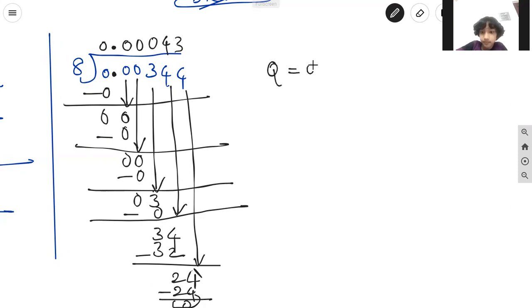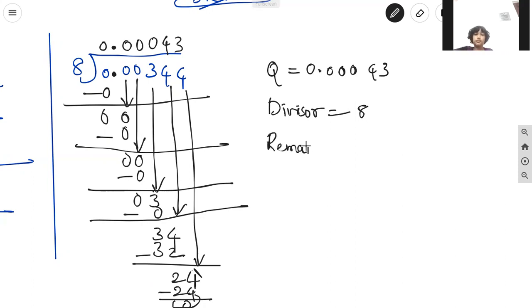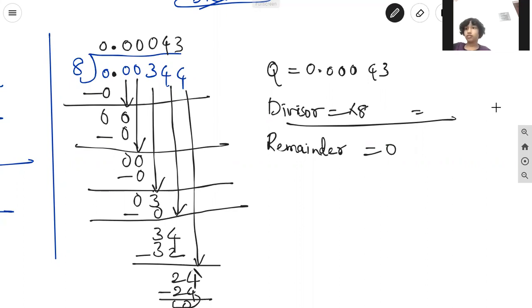Therefore, here the quotient is 0.00043. The divisor is 8. The remainder is 0. Then multiply with this. What are we getting? 8 threes are 24. 2 is carry. 8 fours are 32 plus 2, 34. 4, then 0. 0, decimal point, 0.